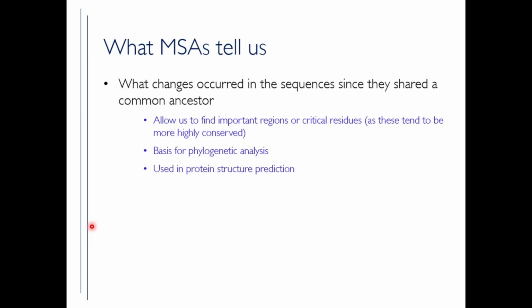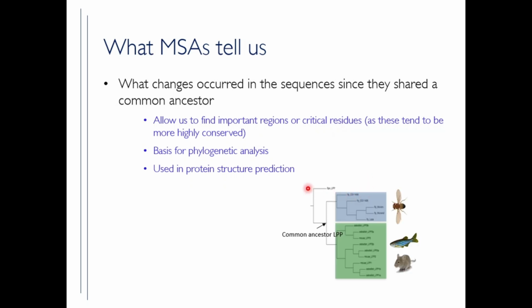And obviously, if residues are critical to function, then these tend to be more highly conserved within those particular sequences. So that's really quite an important point. It's the basis for phylogenetic analysis, as you can see here, which I showed you last time, for constructing those trees.